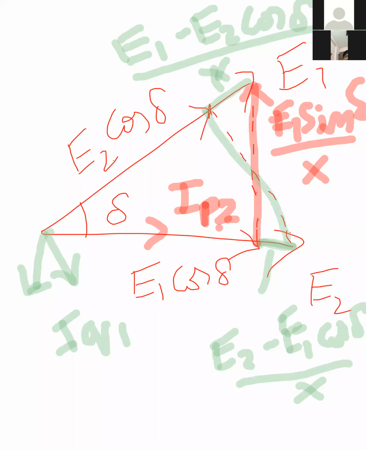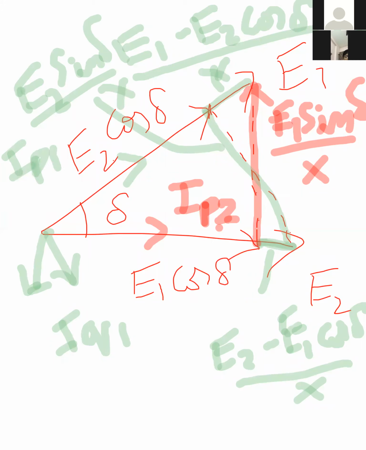This green one, E2 sine delta divided by X, gives rise to a phase current, that is IP1. So IP1 is equal to E2 sine delta by X, and IP2 is equal to E1 sine delta by X.